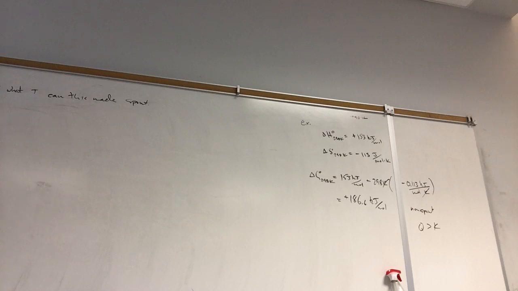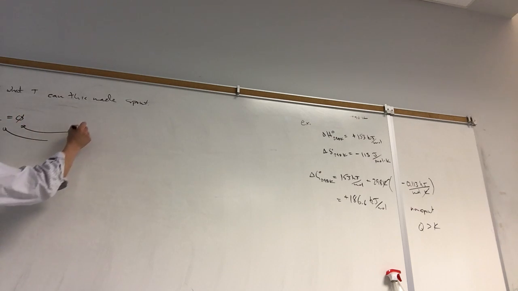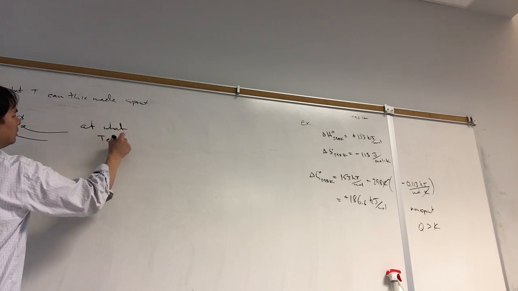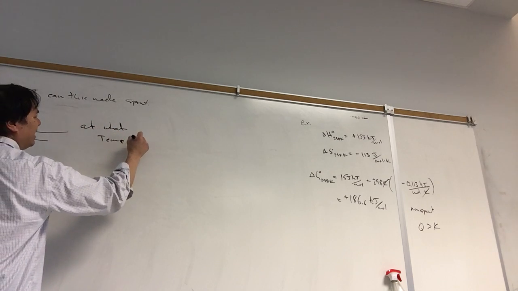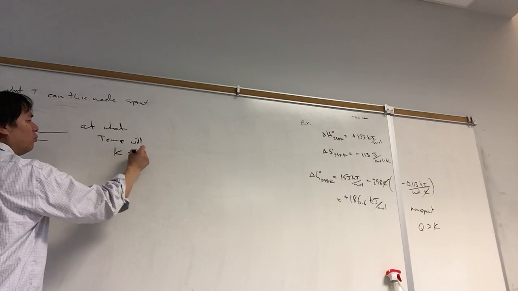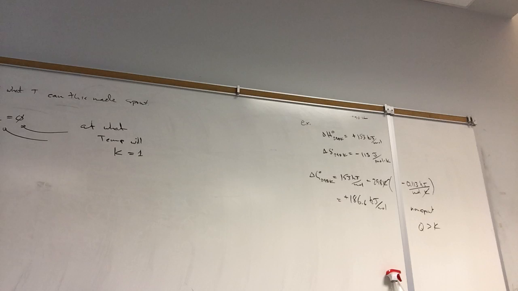Well, what we're going to do is try to make delta G naught at temperature T equal to 0. We're trying to figure out at what temperature the equilibrium constant K will equal 1, because the equilibrium constant changes with temperature, right?